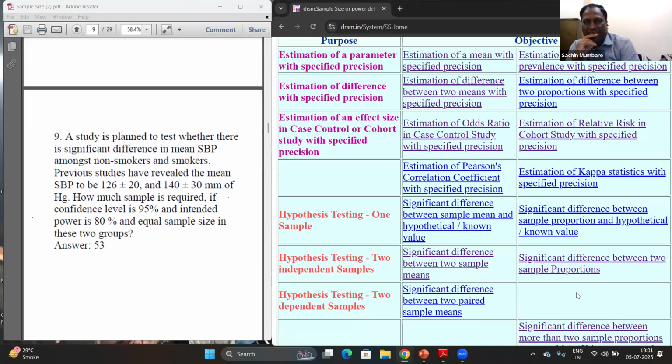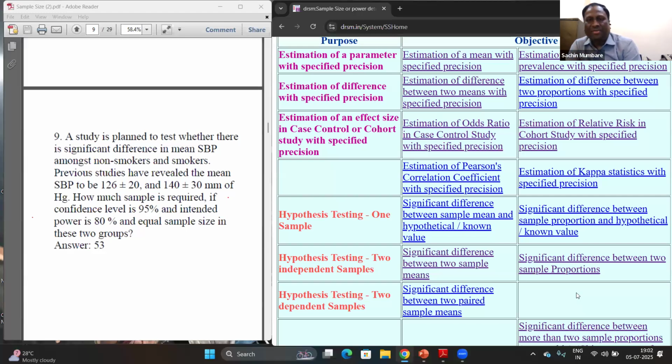Estimation or hypothesis testing? Hypothesis testing. Difference between two sample means. Two dependent or independent? Independent.